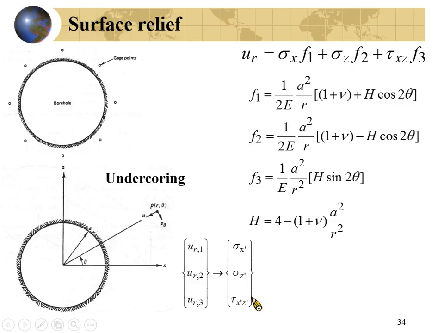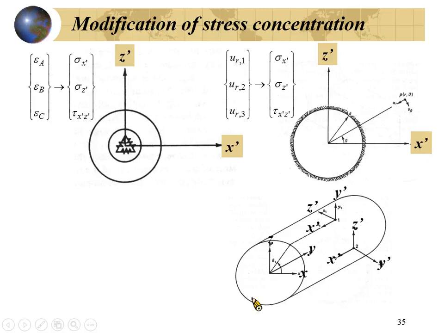So I add a prime, it will be the local coordinate system. Okay? So every single point when you conduct the surface stress relief, you can determine the sigma x prime, sigma z prime, and the tau x prime z prime at each single point. Okay, so it'll be quite easy.